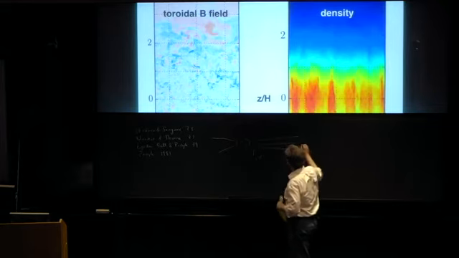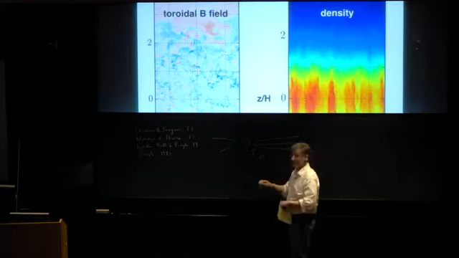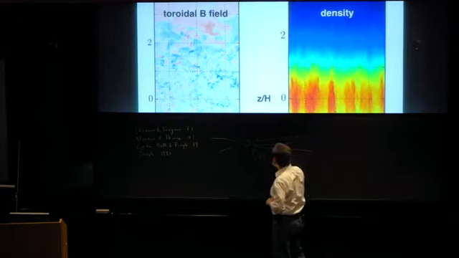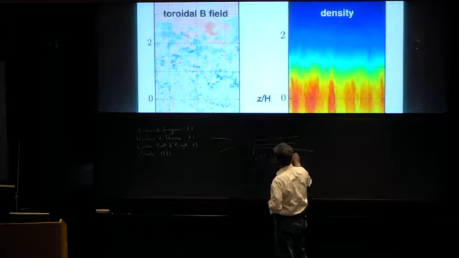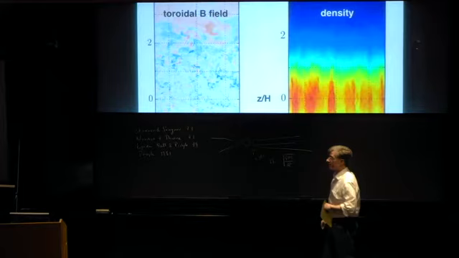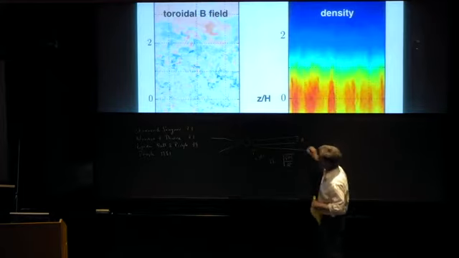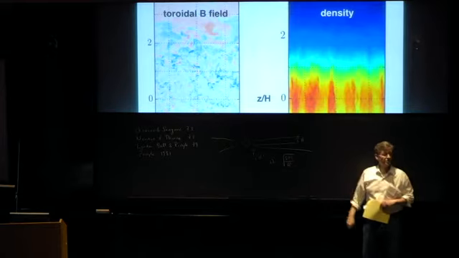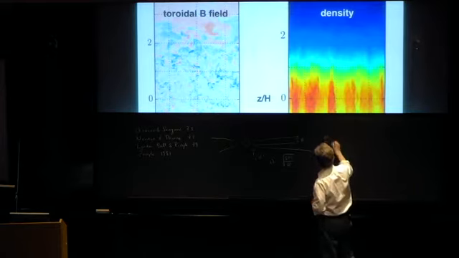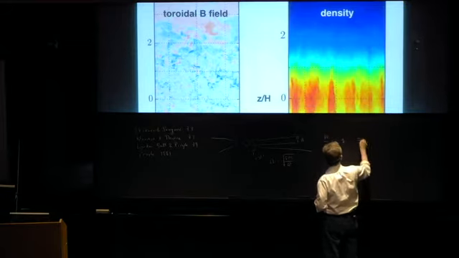And then out here, the disk is in centrifugal equilibrium. So it's orbiting with frequency omega equal to the square root of GM over r cubed. It has a scale height h, which is small compared to the local radius. So this is a thin disk.